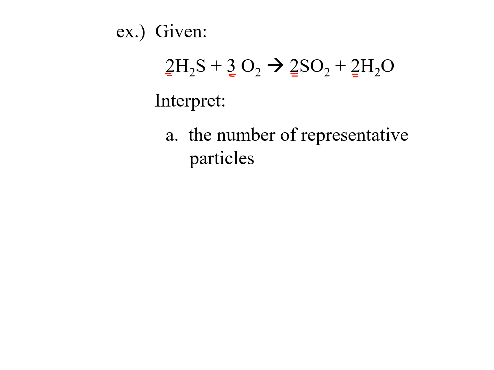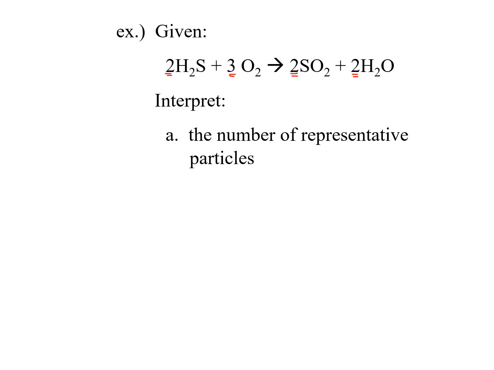Now, notice this doesn't say the number of molecules, because things could be in atoms or in ions. So we just say particles, and then you have to determine whether you're looking at things that would be in molecules or not. Now, all of these are molecules. H2S is a group together, that's a molecule. O2, that's 2 O's together, that's a molecule. SO2 is in molecules.